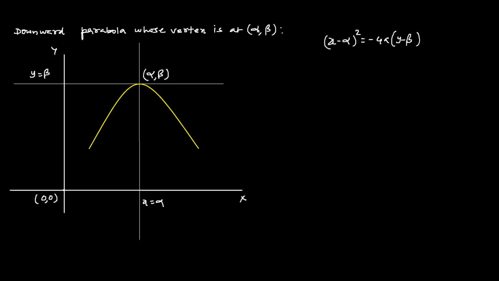Now the focus is at S, and the distance of focus and vertex is a. So the coordinate of focus is alpha comma beta minus a, and the straight line called directrix is at distance a from the vertex.